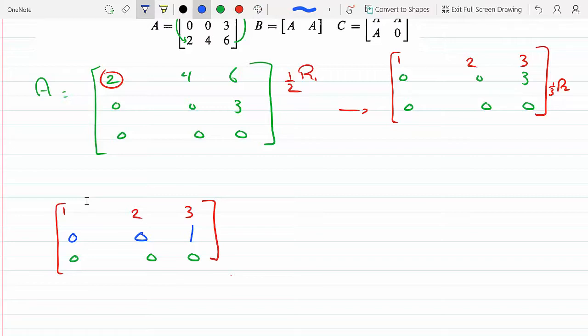Now, first I made this a 1, because the leftmost entry has to be a 1. Next I would want to make this guy here a 0, so that means I would multiply row 2 by -3 and add it to row number 1.